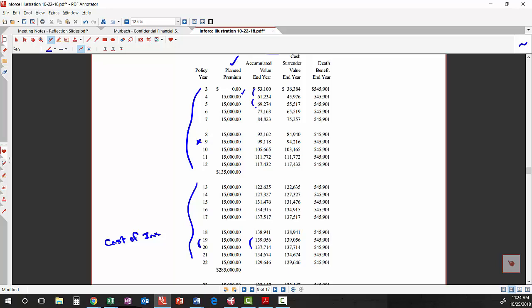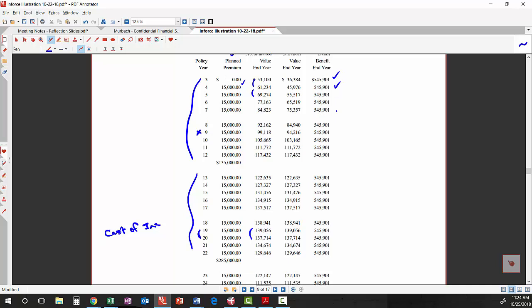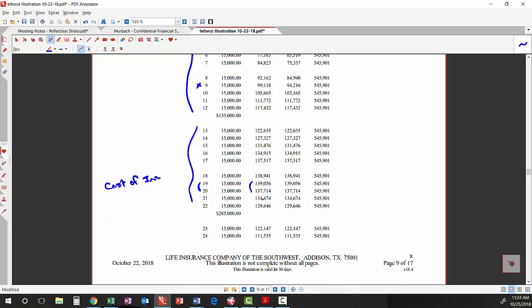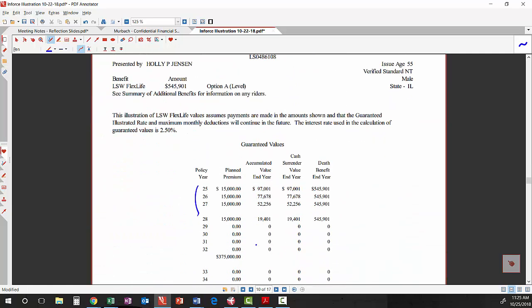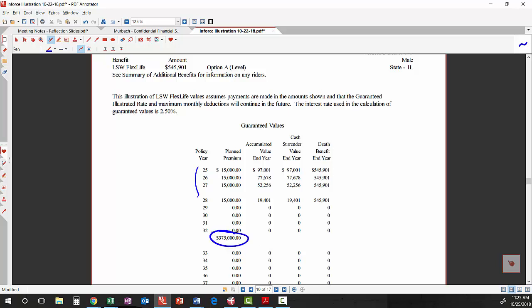That's another problem, because the cost associated with maintaining this death benefit goes higher and higher the older you get, and pretty soon the policy starts to eat into itself. The value starts to diminish until finally the only thing you're left with is you've paid in $375,000 of premium and you have no cash value and no death benefit, right? That's obviously a problem.